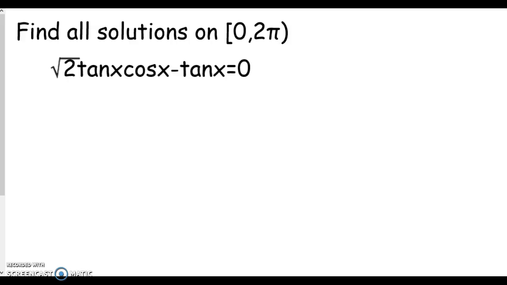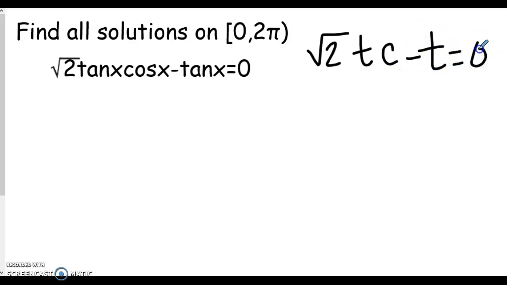Let's try another one. Oof! Okay, this one looks a little bit more challenging. All right, it's already set equal to 0. If you're like, holy cow, that's just a bunch of stuff, you could write it like this: square root of 2 times t times c minus t equals 0.